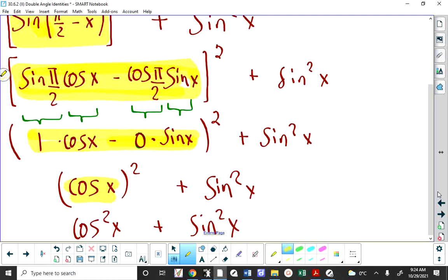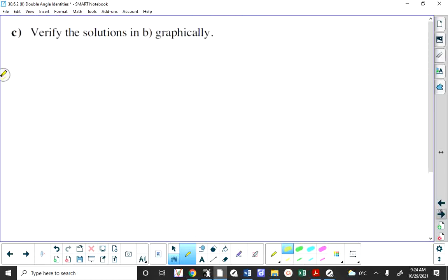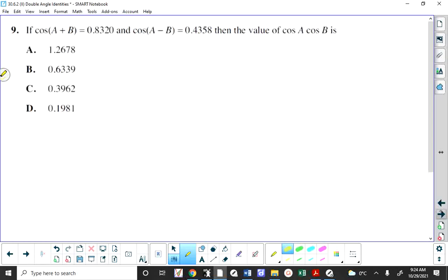Okay. Number 9. This is a very specific type of question that you might see on my exam or the diploma exam. And although there might be a different way for you to do it, and I think we have time today, I might show you the different way.